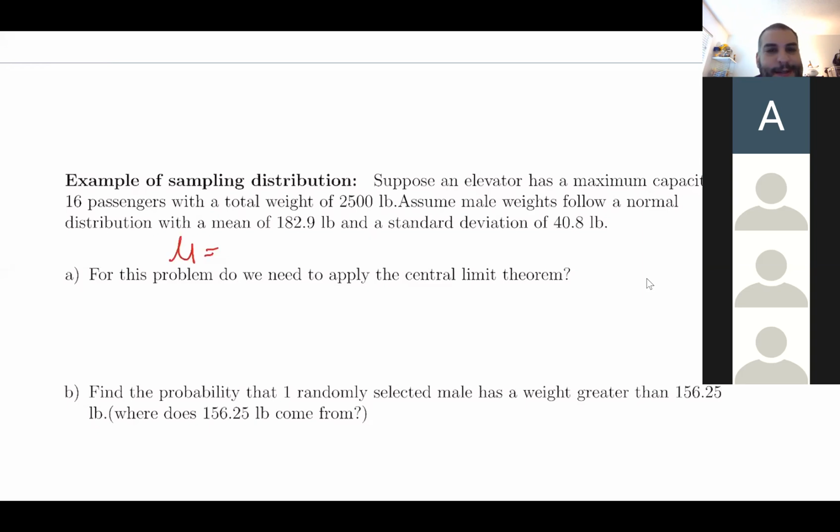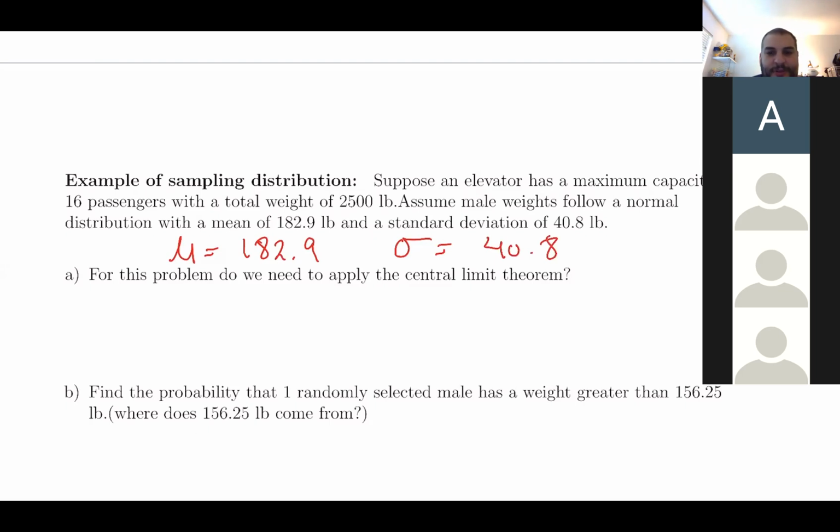So for this one, what's the mean weight of a male? 182.9. Perfect. What about the standard deviation? 40.8. All right.